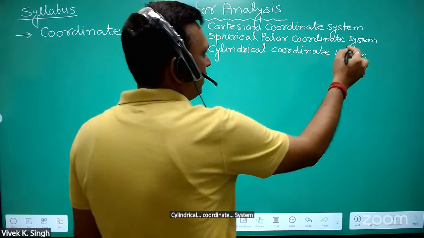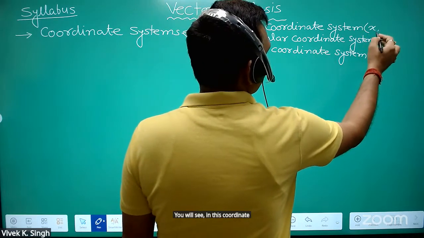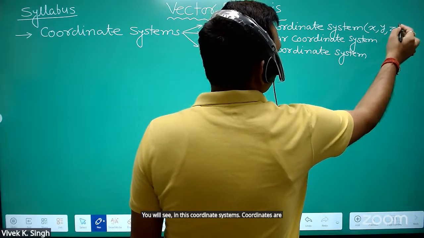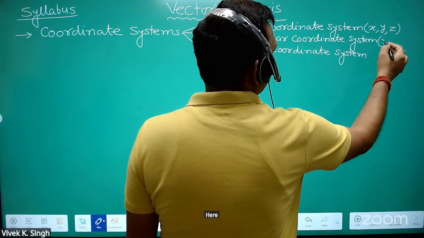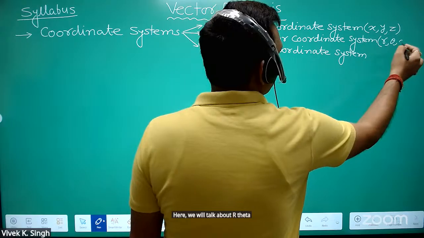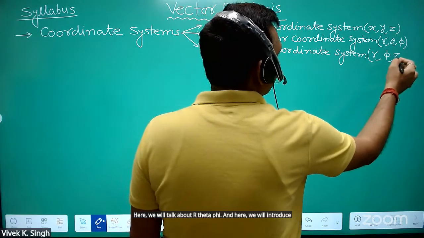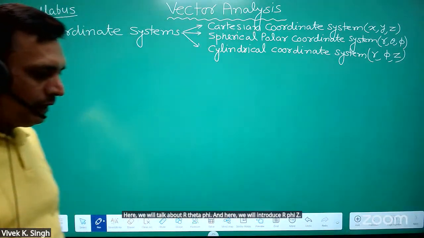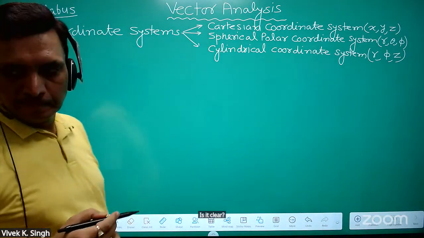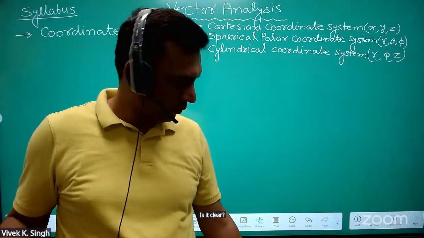You will see in these coordinate systems, the coordinates are x, y, z. Here we will talk about r, theta, phi. And here we will introduce r, phi, z. Is it clear? Yes, sir.